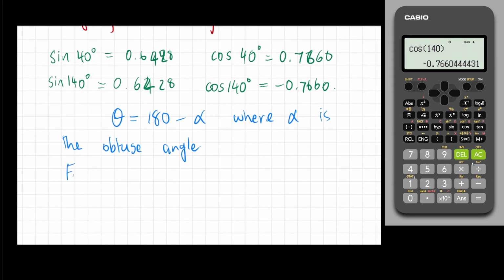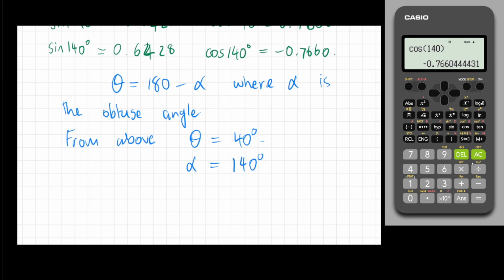So from the example above, theta would be equal to 40 degrees because that was my small angle. Alpha would be equal to 140 degrees. So does 40 degrees equal 180 minus 140? Well, yes, it does. And so that's why this one works.